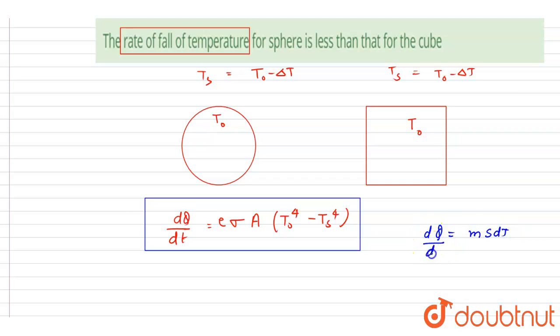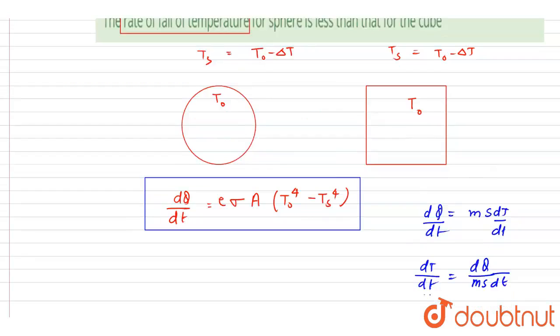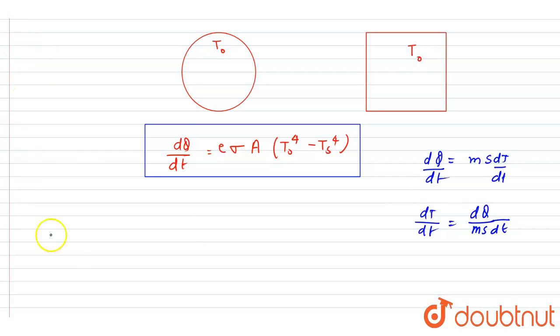If you divide both sides by a small time dt, we are talking about the fall of temperature: dT by dt equals dQ by dt divided by m s, where dQ by dt is the same for the two. So if I call this quantity h, h is the same for the two. Which quantity is varying here? Mass is varying. So the fall of temperature is inversely related with the mass.